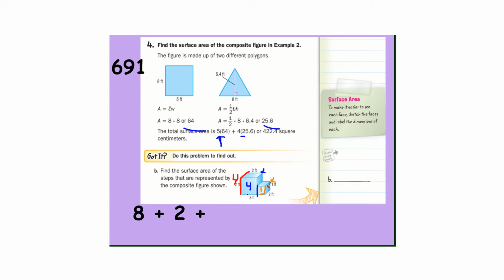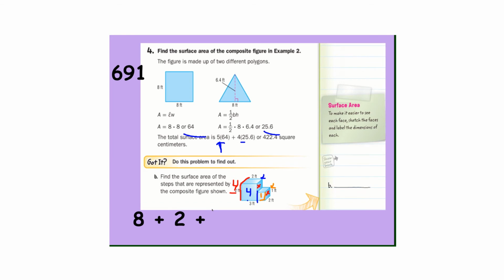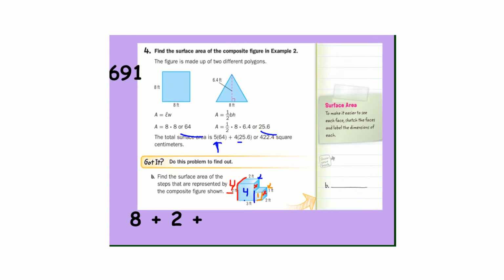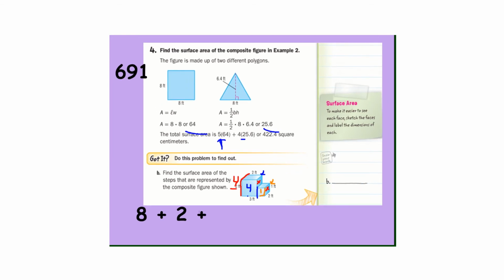If the back side is 4, this piece plus this piece are the same as this piece. They're 4. So I'm going to write down 4. That's just how I'm going to do it. You may have done them both separate. I'm guessing you probably did. That's okay. So I have 4 and 4, which is 8.